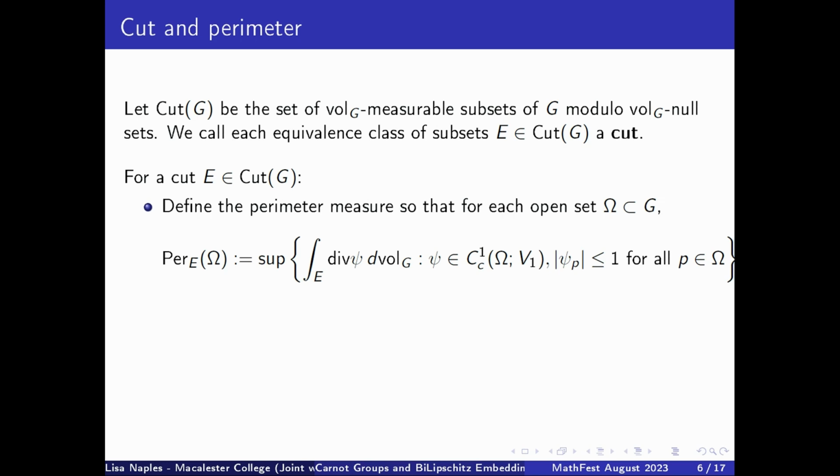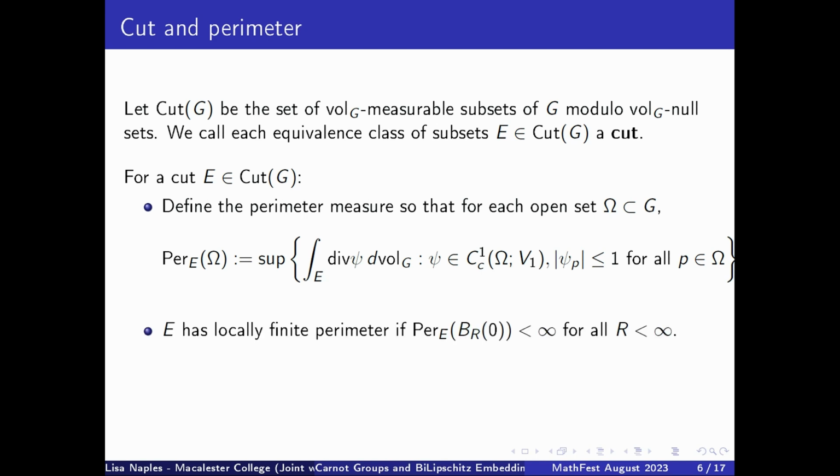And if you're familiar with the definition of perimeter measure from Euclidean space, then this definition should look the same or similar. In particular, in Euclidean space, V1 is Rn here, and so that will really agree with the definition in step 1 Carnot groups.